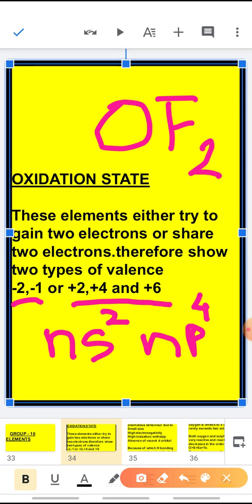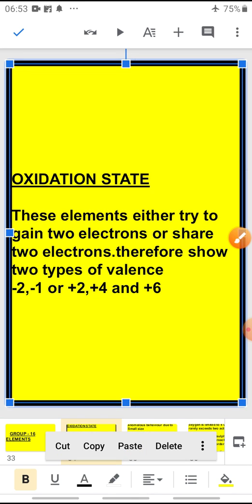Now children, unlike oxygen, the other elements can also show the oxidation states of +2, +4 and +6, due to the promotion of electron to the vacant d orbital. Now see how the promotion of electron takes place.